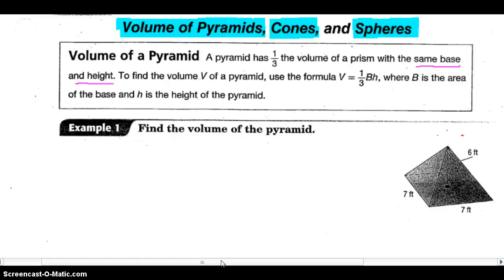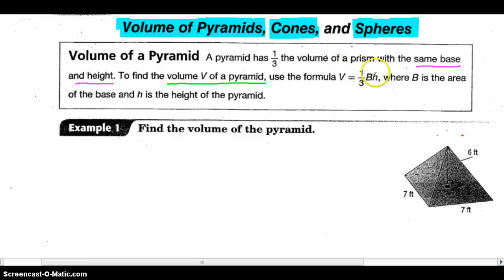The video demonstrated very clearly that it took 3 pyramids to fill up the prism. So if I asked you for the volume of the prism, you would say you needed 3 pyramids. But if I'm asking you to find the volume of a pyramid given the prism, then instead of saying it took 3, it's the opposite of multiplying times 3.